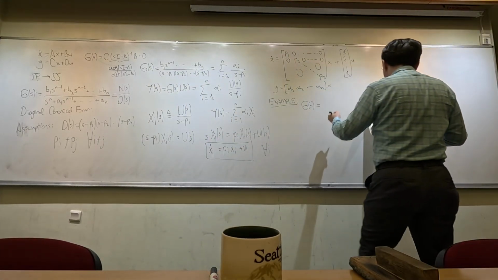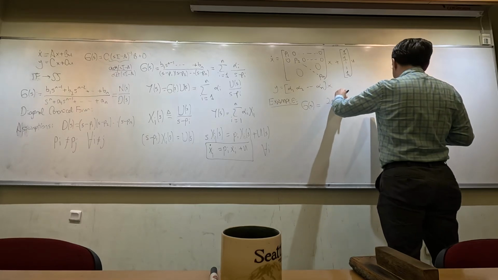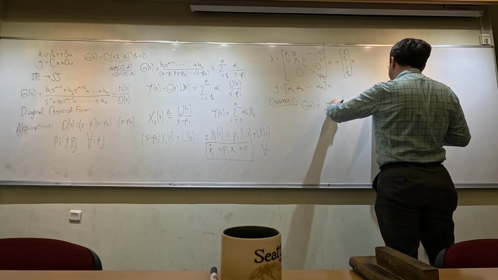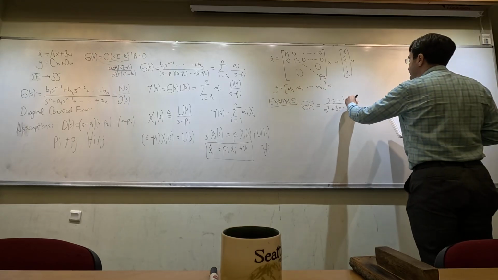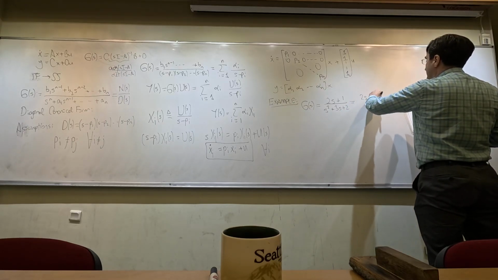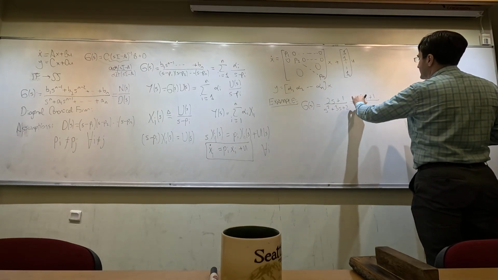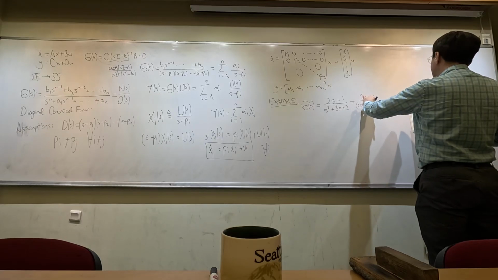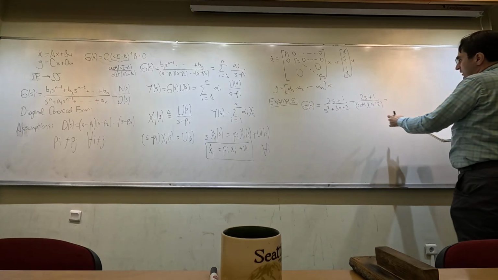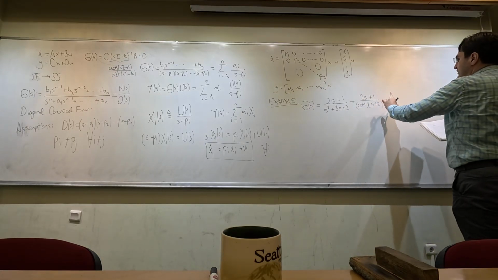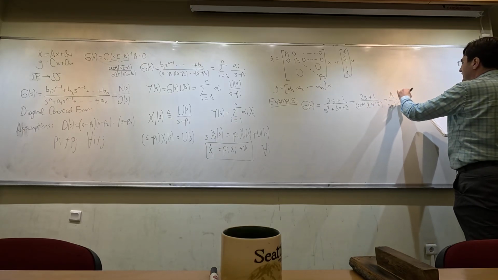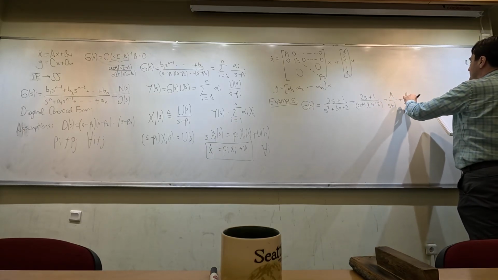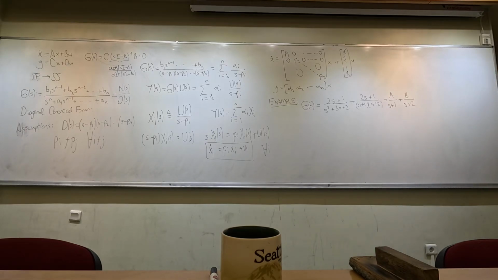So I have G of s equal to (2s plus 1) over (s squared plus 3s plus 2). I know that such a transfer function can be factored in the denominator as (s plus 1) times (s plus 2). We have distinct poles, and that means that I can have a partial fraction expansion in this form.